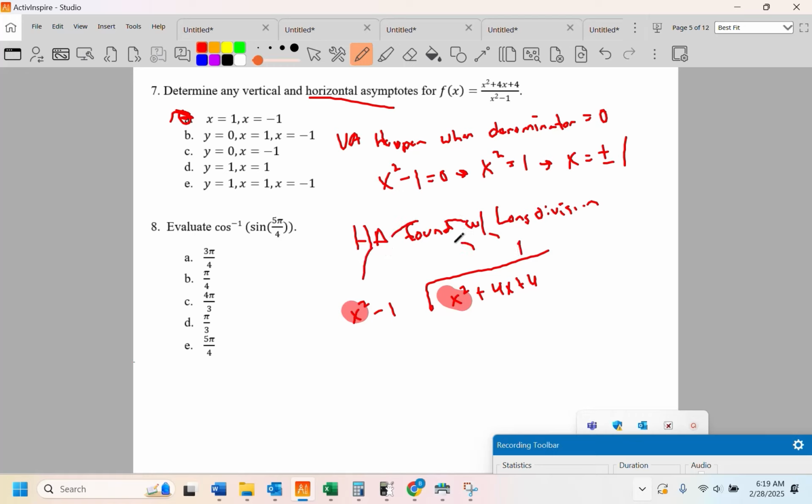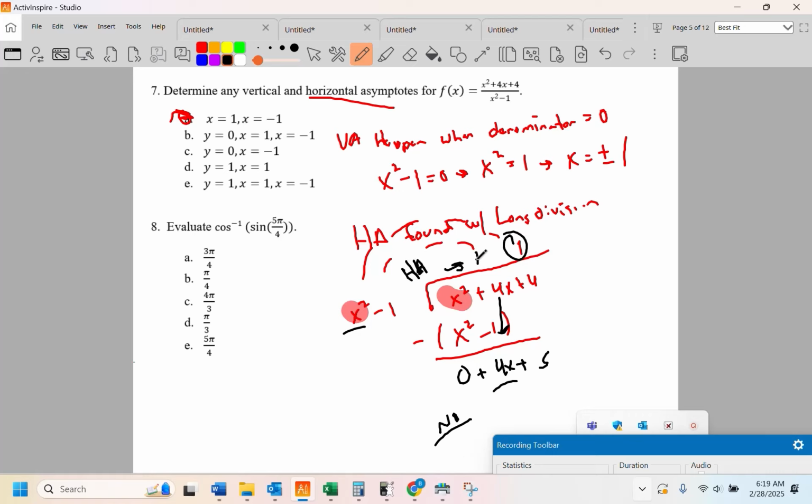And then I invoke the distributive property. X squared minus 1. Wrap and subtract. X squared minus x squared is 0. 4 minus 1 is minus a negative 1 is 5. And I have to carry down the 4x. Can I turn x squared into 4x? No. It's done. This is the horizontal asymptote. It's y equals 1. So choice E.